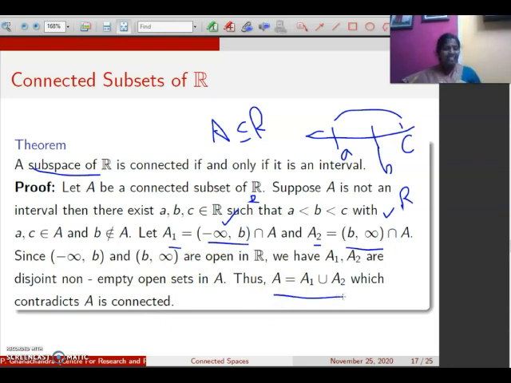So A satisfies all the conditions: A equals A1 union A2, A1 intersection A2 is empty, and A1 and A2 are open.